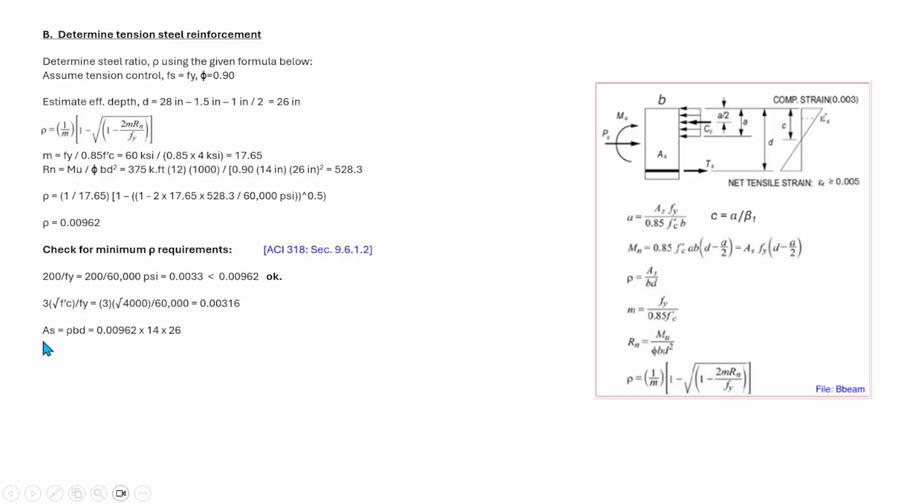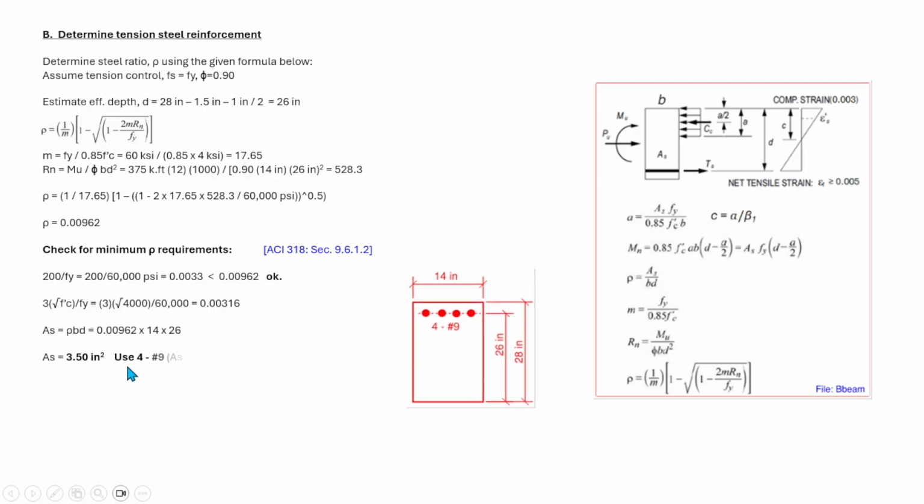So the steel ratio that we got is the governing one, which is As is equal to rho b d is equal to 0.00962 times 14 times 26. So the actual steel reinforcement required is equal to 3.5 square inch.